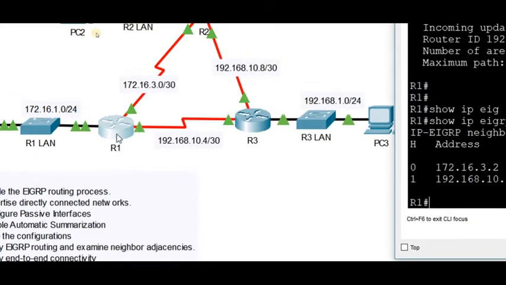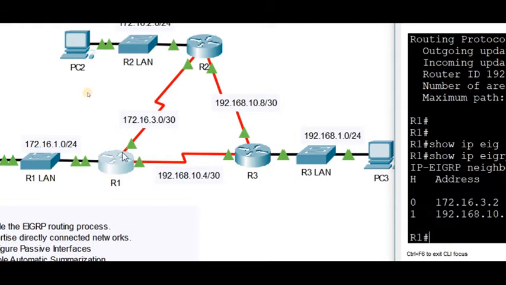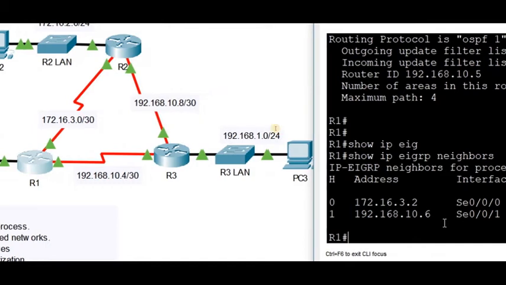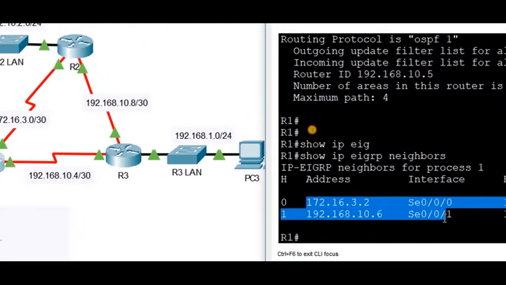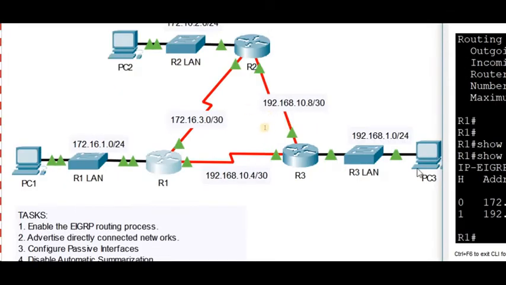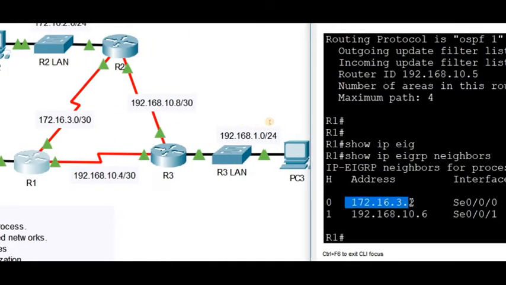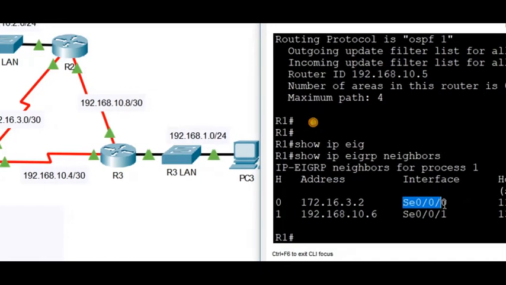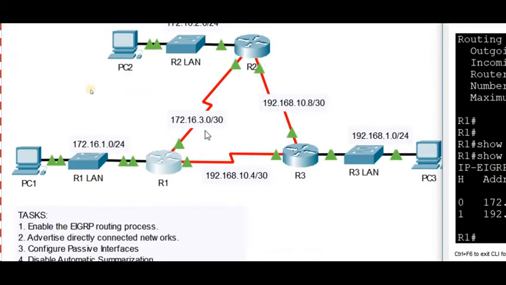In this case, that neighbor adjacency is R1 to R2 and R1 to R3. That's why you see two entries here. It has a neighbor adjacency with the 172.16.3.2 address or 3.2 interface using the S0/0 interface. So that is one right here. That is the interface of R2.